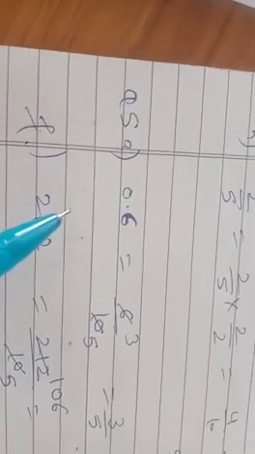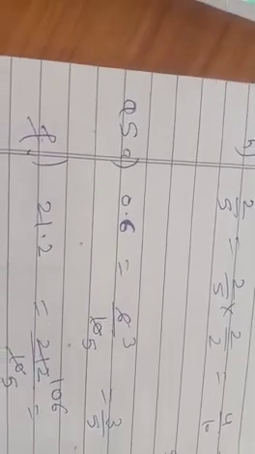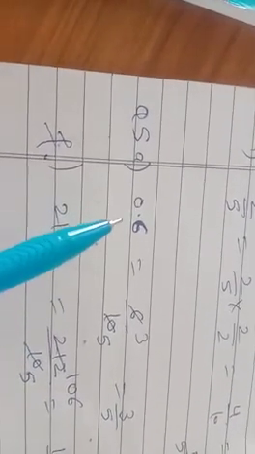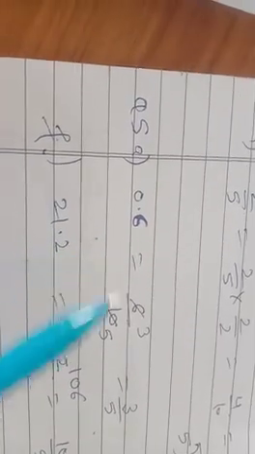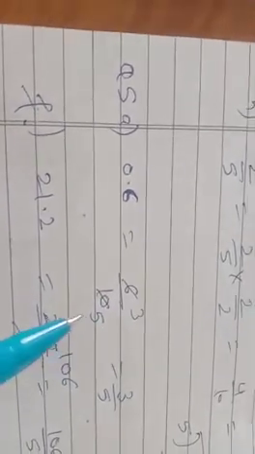Next, coming to question number 5. The question is, write the following decimals as fractions and reduce the fraction to lowest form. You have to change the decimal into a fraction. So 0.6, it can be written as, when we have to remove the decimal, we will place 10, 100, 1000 in the denominator according to the number of positions after the decimal.